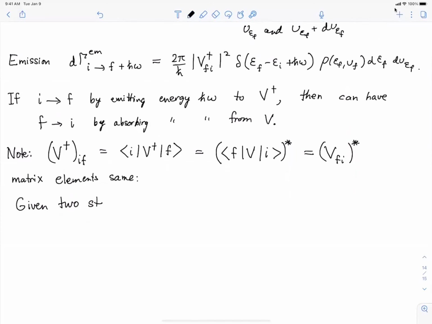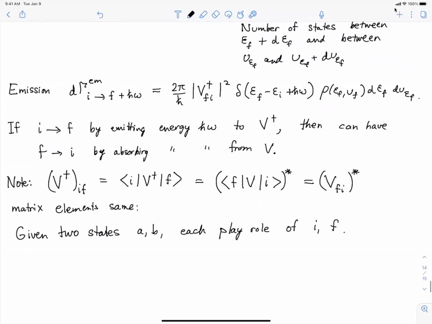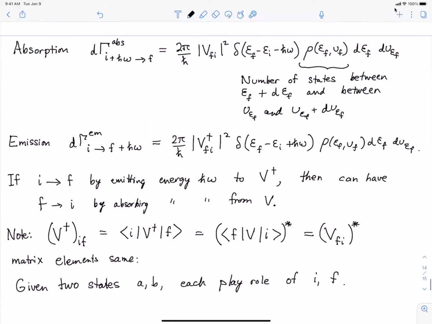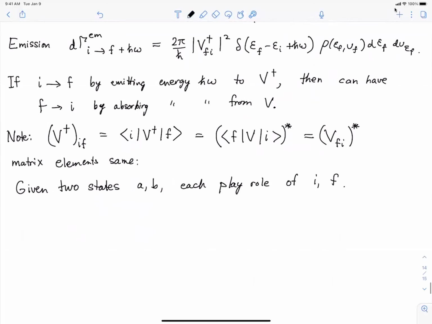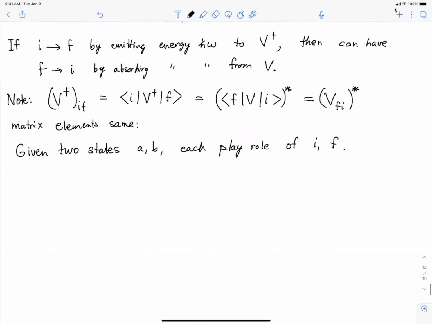So given two states, A and B, each can play the role of initial and final. And so if I go back and I stare at my two formulas here, and I notice that some of the 2 pi h bars are the same and all that, then I can write down a relation between the two different rates. And that looks like the following.